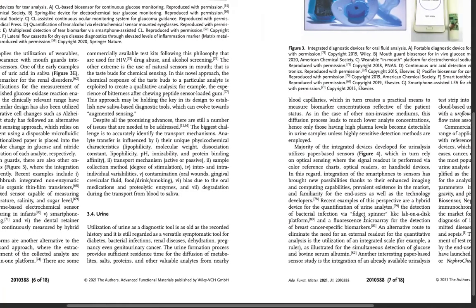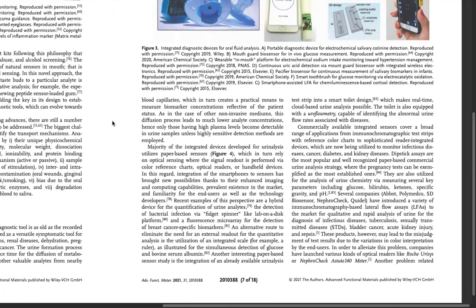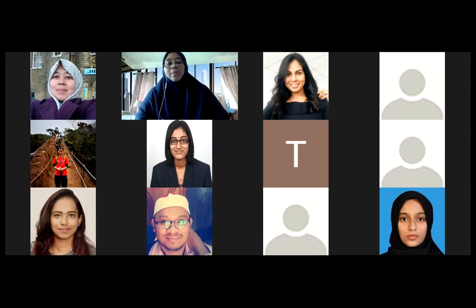So you can see that this is a good example of how we can write a review. Of course, in writing a review, you have to decide first what is the scope that you want to write.